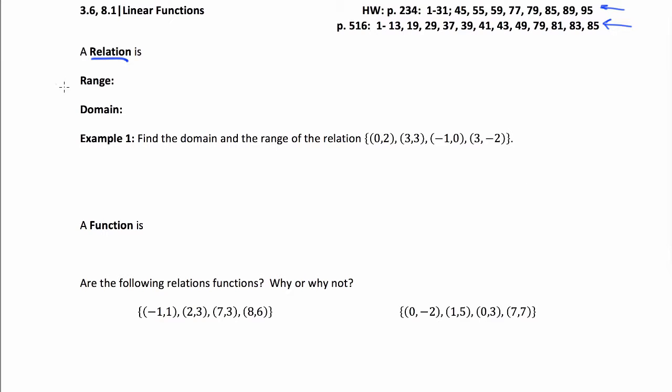It is a set of ordered pairs. And if you remember from that very first section we did, we talked about sets, and a set is just a collection of things. So the things in this particular set are ordered pairs.